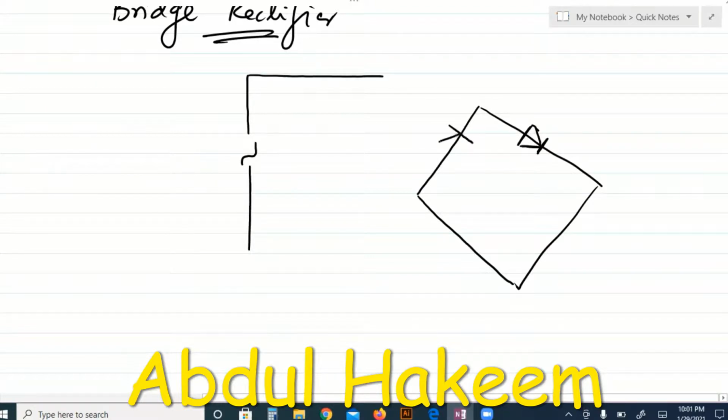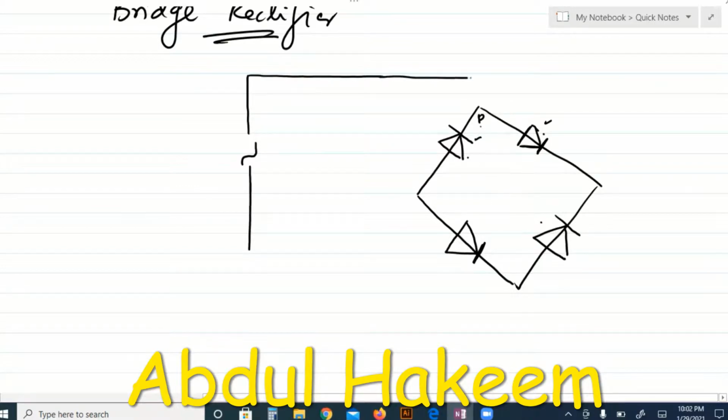Second diode suppose in this way. Then third diode in this direction. Suppose this is the P terminal. One forward bias, other reverse bias. And then these two diodes on opposite sides but same direction. These two diodes on opposite sides but same direction.